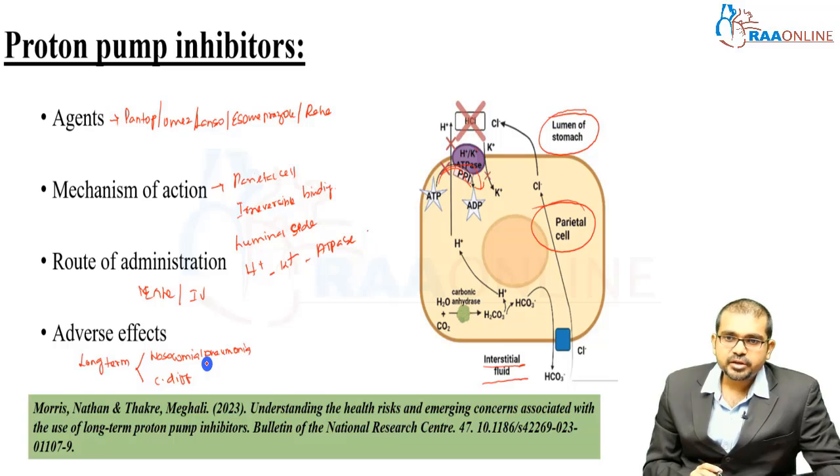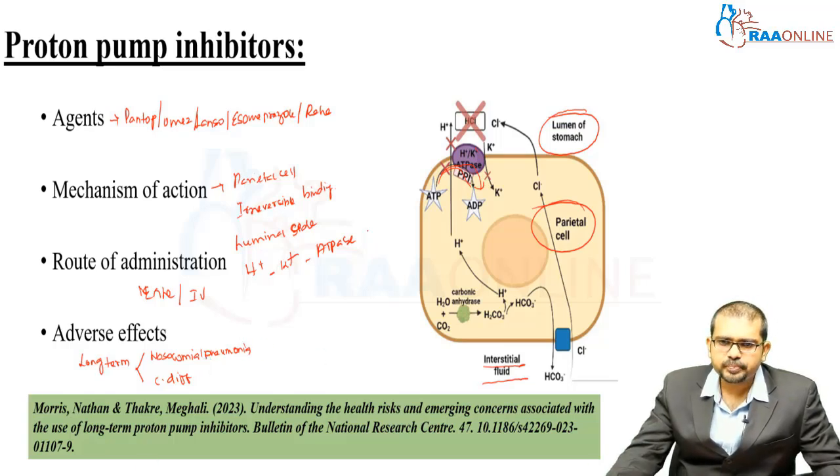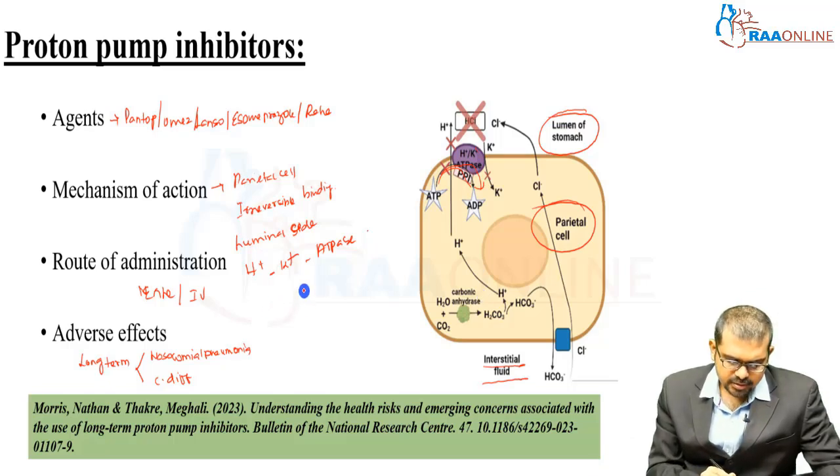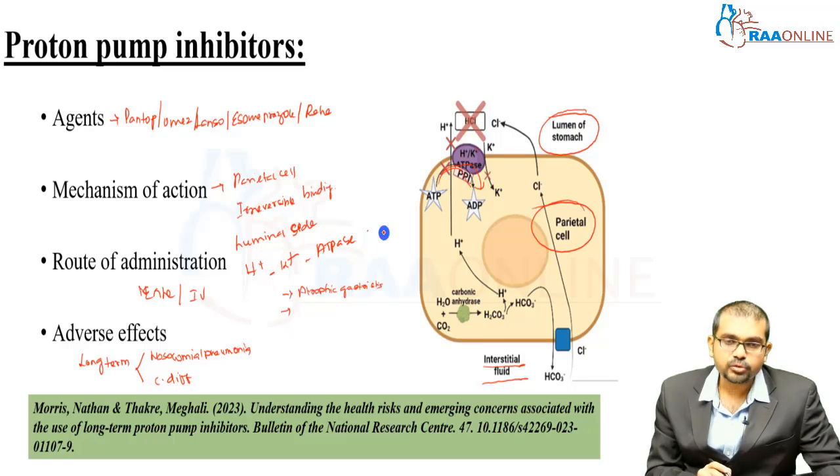There are some other theoretical adverse effects as well. In case you are asked, you can have atrophic gastritis. A lot of malabsorption syndromes can happen because of decreased acid, for example malabsorption of minerals and vitamins.